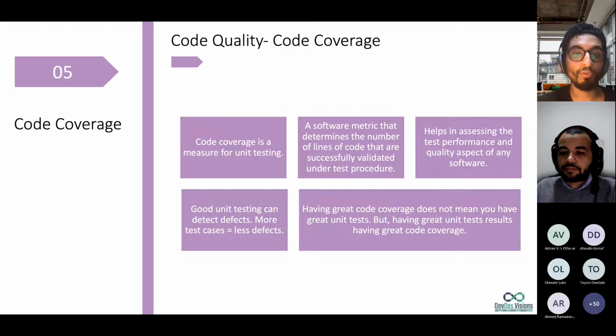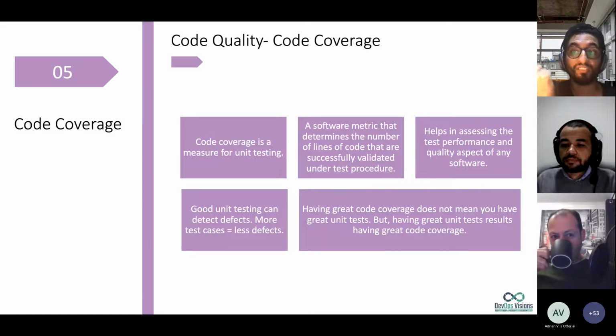Okay. So the point is, when you have good unit testing, this will detect defects easily. This means more test cases will lead to fewer defects. And also we have an important point about the code coverage itself. If you have 100% code coverage, does this mean that your application is safe?